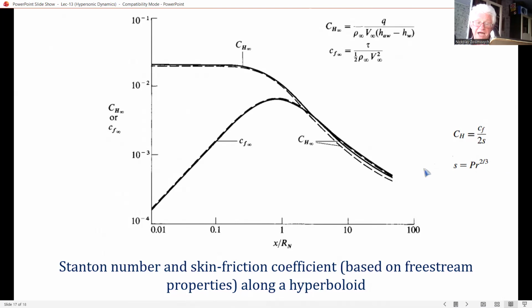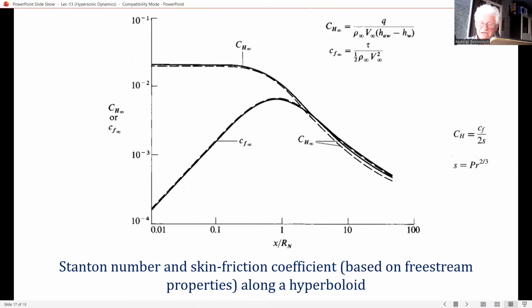For the flat plate case, S is Prandtl number to the power of minus 2/3. However, clearly from the results of this figure, S is variable in the nose region because CH is relatively constant while CF is rapidly increasing. In contrast, for the downstream region, CF and CH are essentially equal.